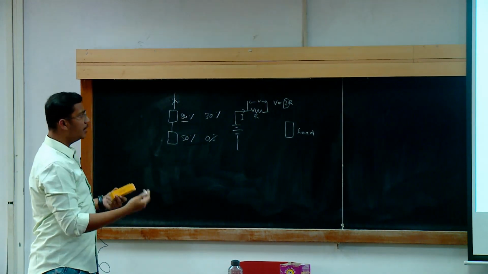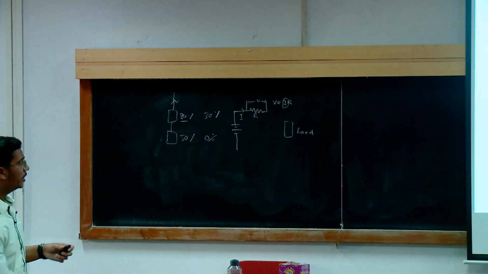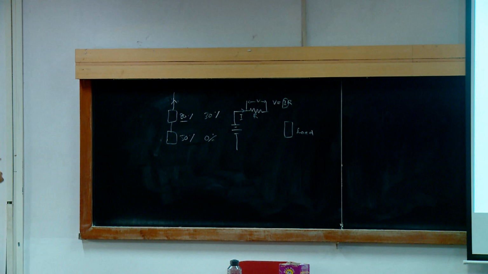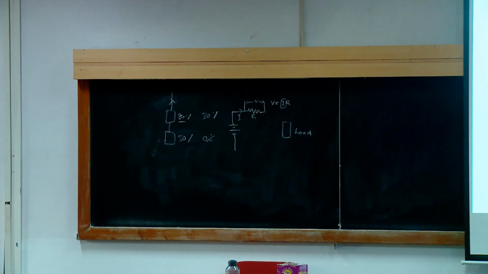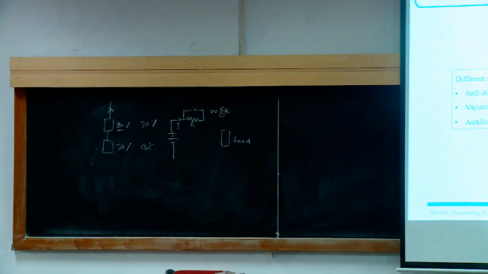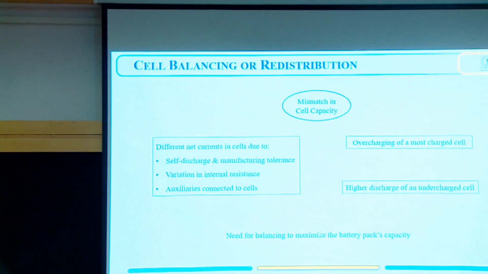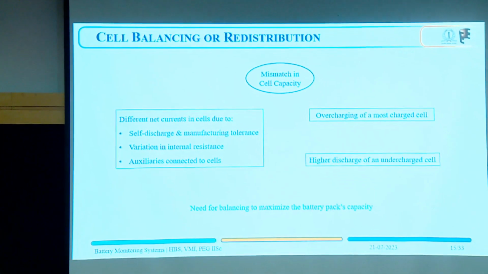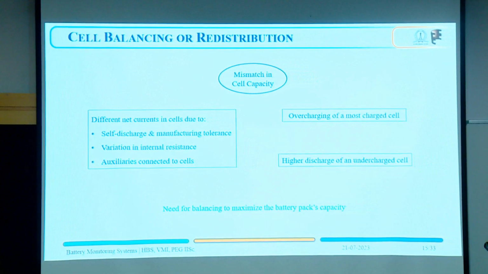That is why we need cell balancing algorithms which can at least balance out the capacities. If one is at 40% and one at 60%, both can be at 50%. We need to balance out the cells so that we can maximize the whole pack's capacity. Otherwise, we will be overutilizing one or underutilizing another, and we cannot use the full pack capacity.